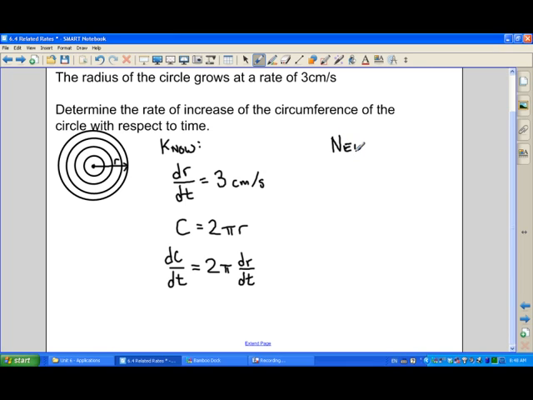What am I trying to find? What do I need to know? Well, I need to know the change in circumference with respect to time. I'm trying to find dC by dt. Well, if I know dr by dt, I can take dr by dt and sub it directly into my equation for dC by dt.